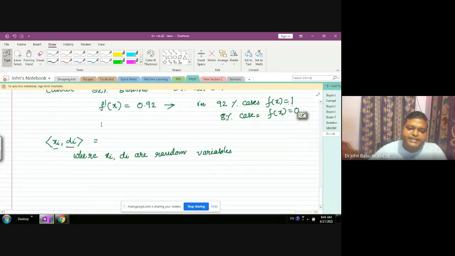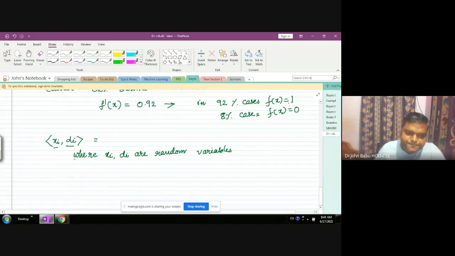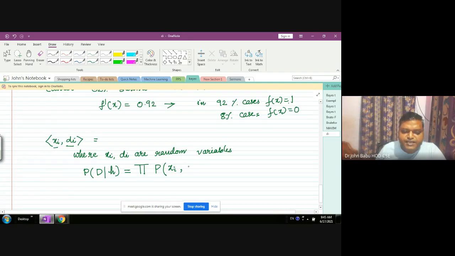And now what is the likelihood hypothesis definition? Probability of data given h. This is the definition. And what we can do is take the product of all the probabilities of xi and di given h.